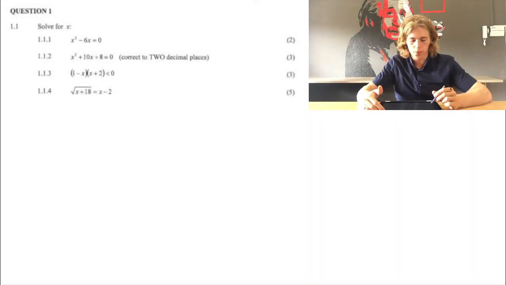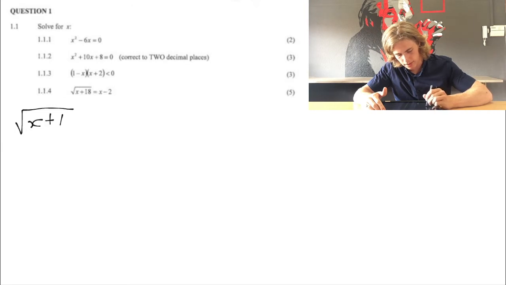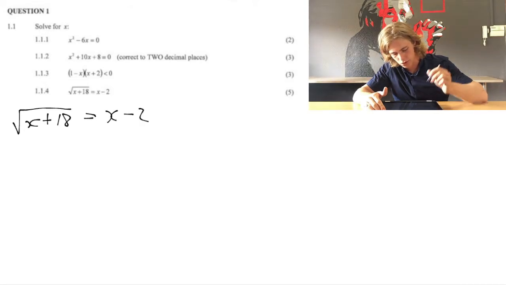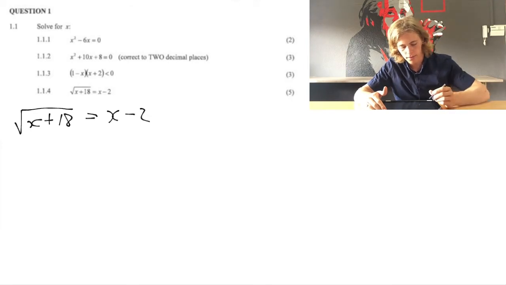Question 1.1.4, we have a root with an x plus 18 inside of it, and that's going to equal x minus 2. Okay, so what we want to do here is square the left-hand side to get rid of that square root.